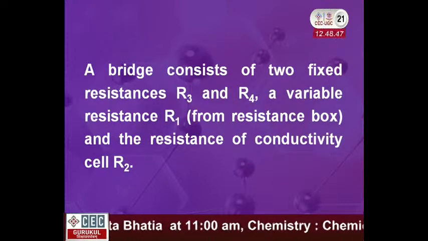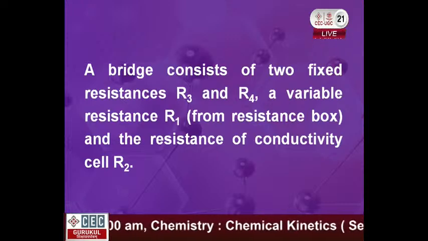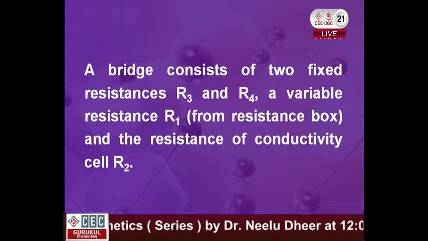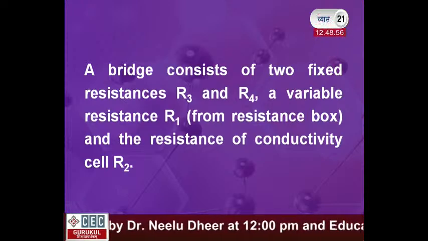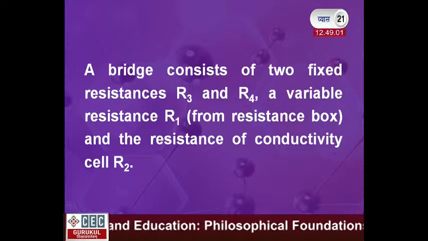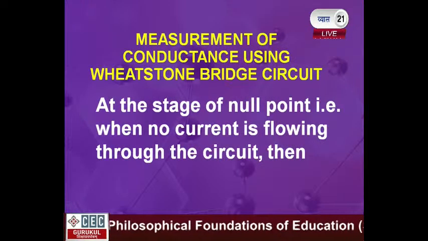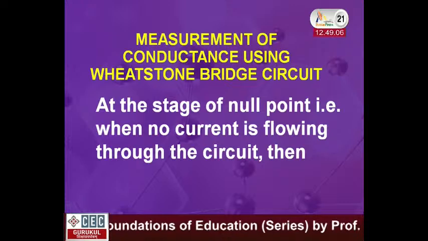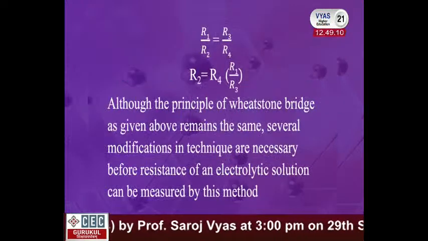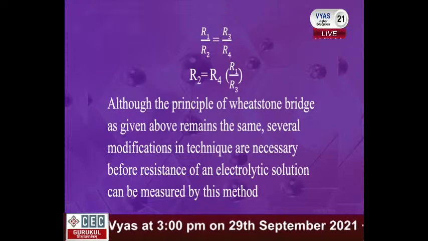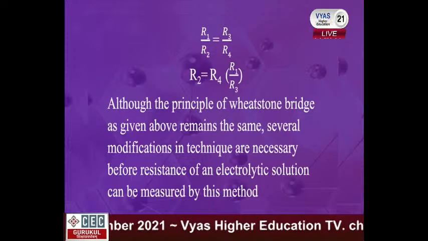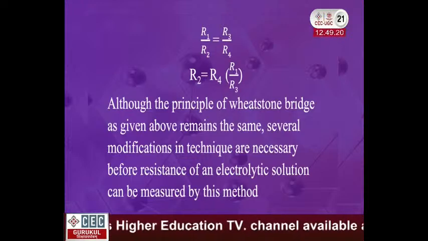A Wheatstone bridge consists of two fixed resistances R3 and R4, a variable resistance R1 from the resistance box and the resistance of conductivity cell R2. At the stage of null point, that is when no current is flowing through the circuit, then R1 by R2 is equal to R3 by R4, R2 becomes equal to R4 R1 by R3.